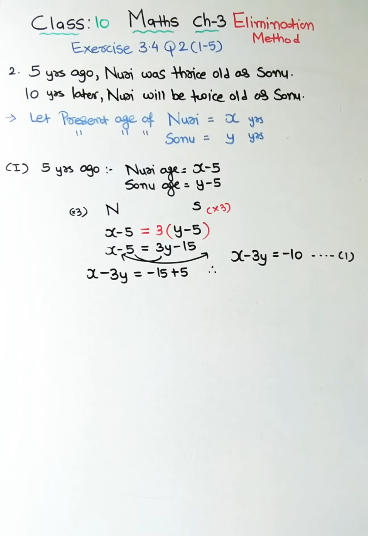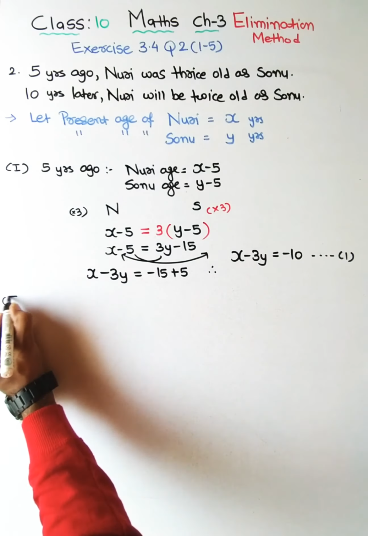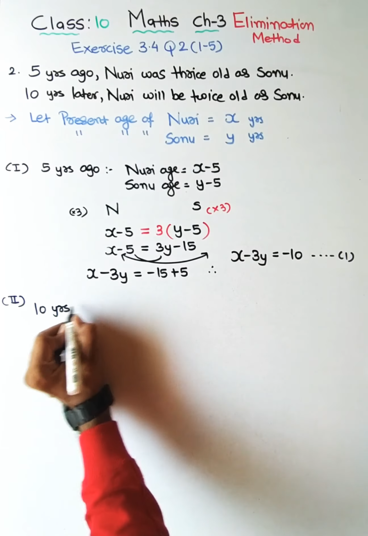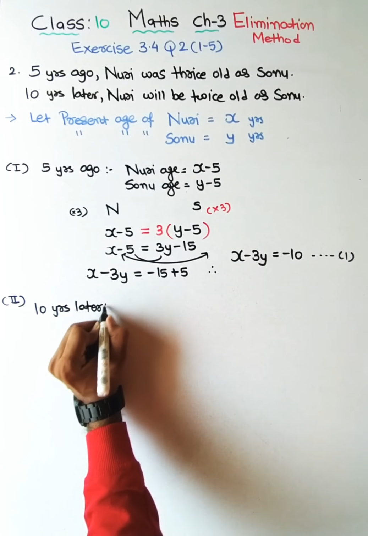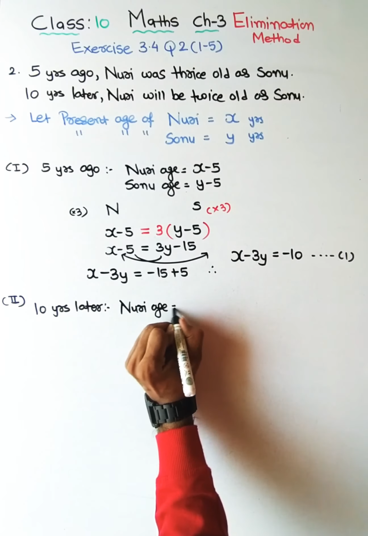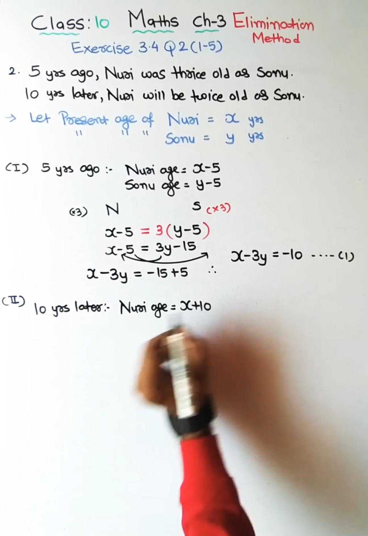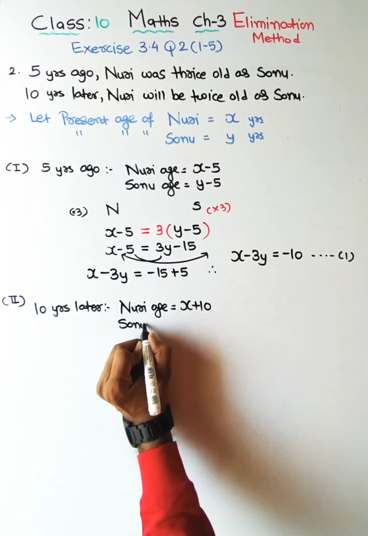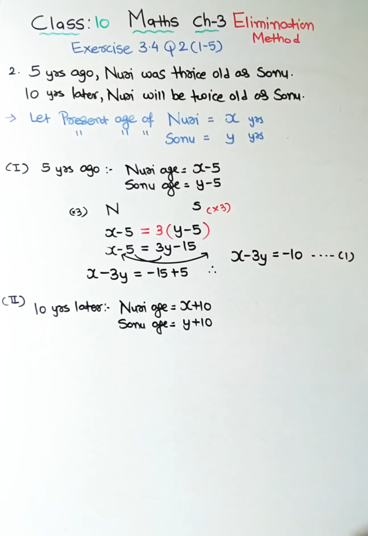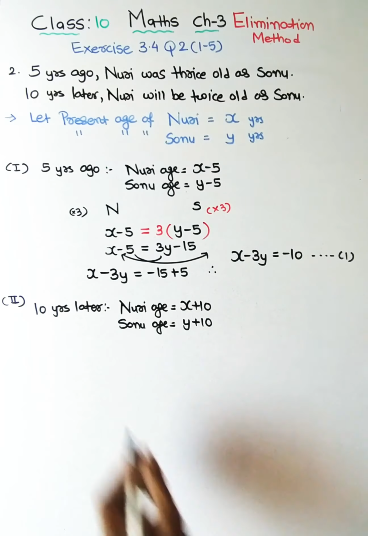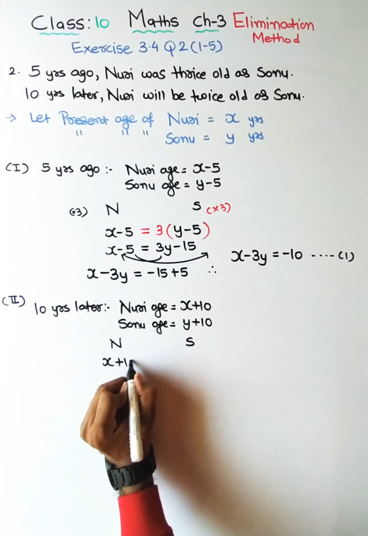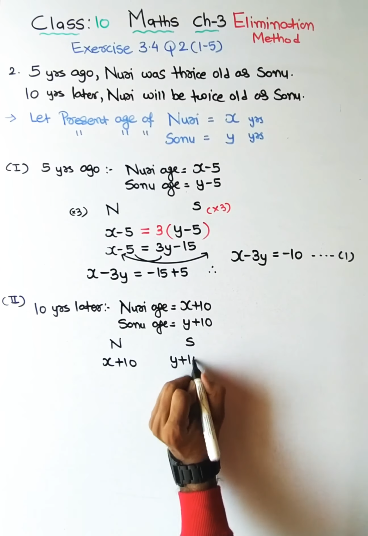Now the second case. In the second case, it is 10 years later. After 10 years, Noori's age is x plus 10 and Sonu's age will be y plus 10. Now there is the comparison. Let us see what is the comparison. x plus 10, y plus 10.